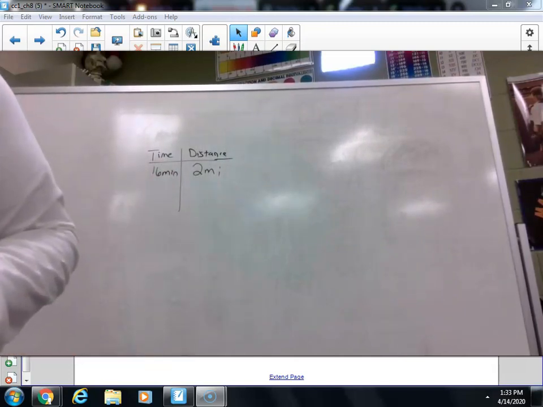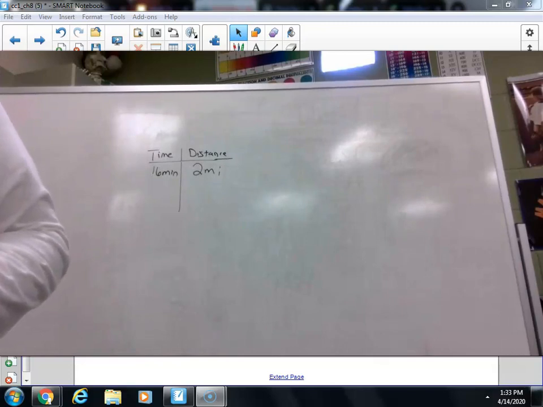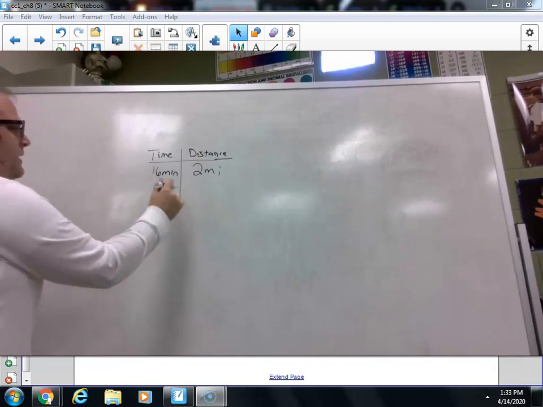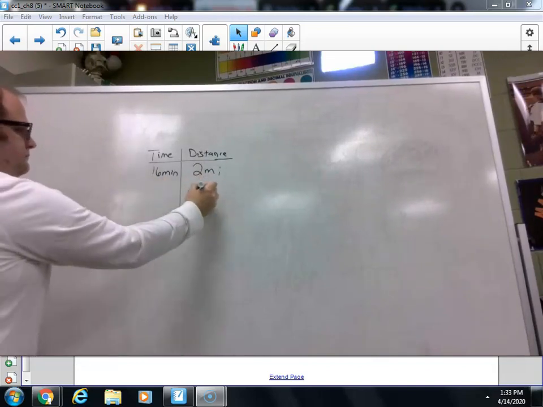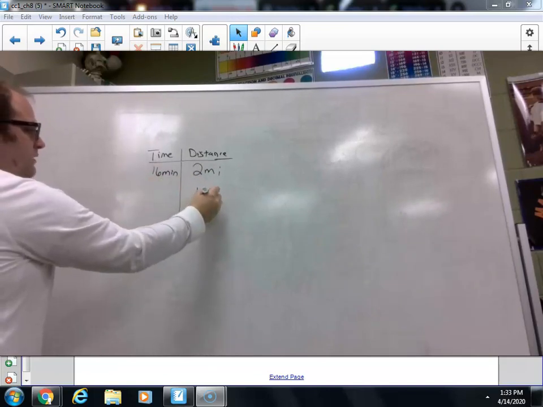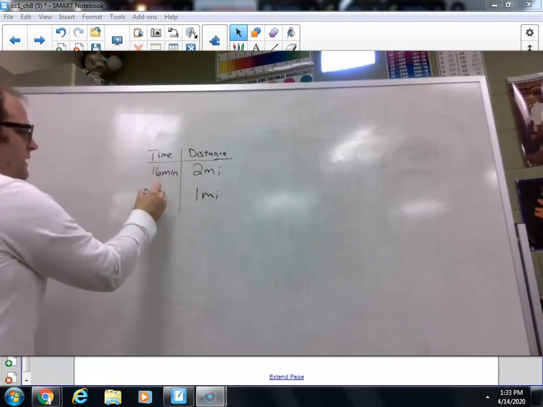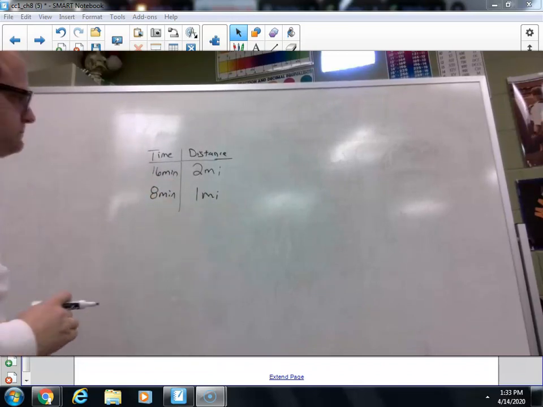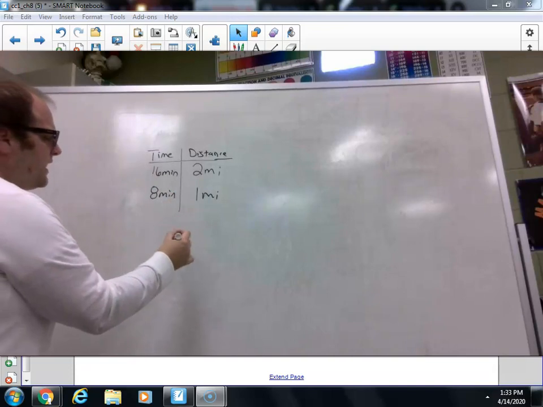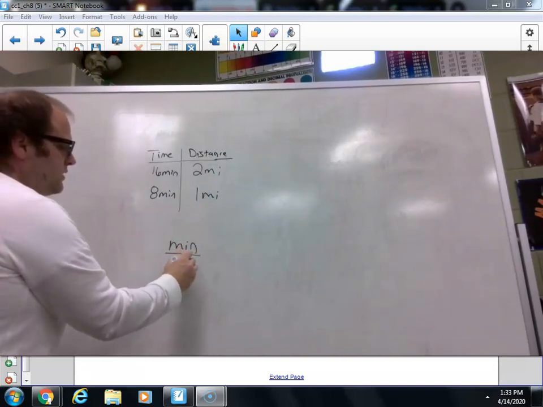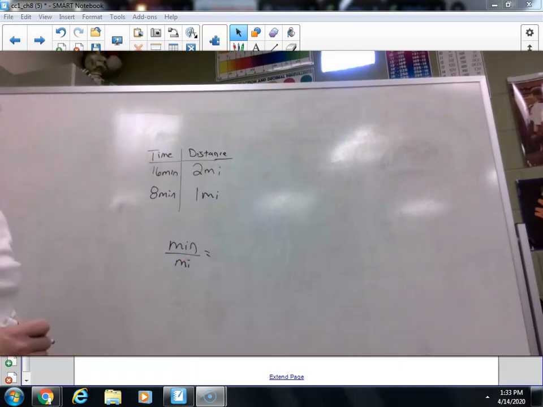So letter A says, what is the athlete's minutes per mile? So if we're trying to find out minutes per mile, we already know that in 2 miles it takes 16 minutes, so in 1 mile it would take 8 minutes. If you didn't want to draw your table, and you know that you want minutes per mile, we can substitute those in with the rates they give us.